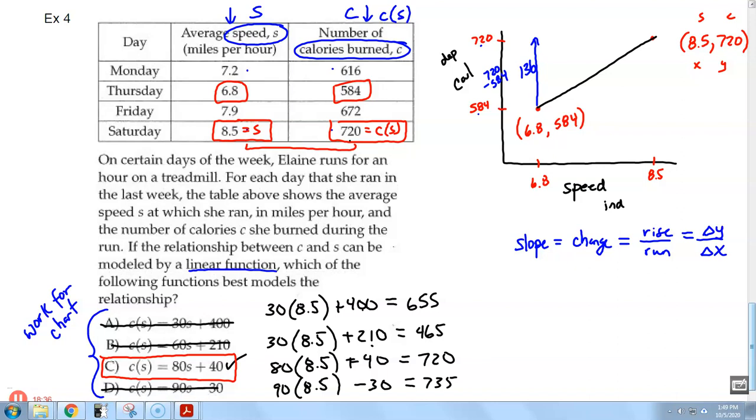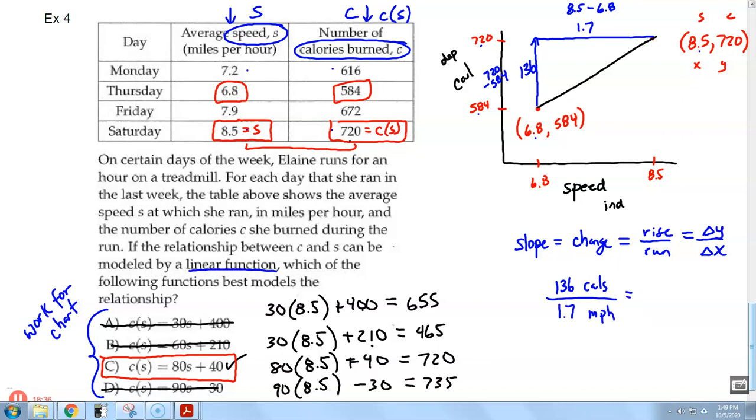Okay. Well, what did our speed increase by? Our speed went from 6.8 to 8.5. So the difference between those two, 6.8 to 8.5, is 1.7. So we basically went up 136 calories by increasing our speed 1.7 miles per hour.